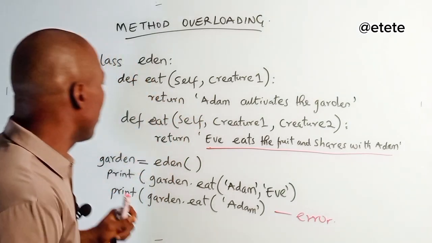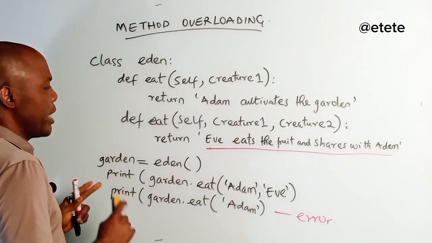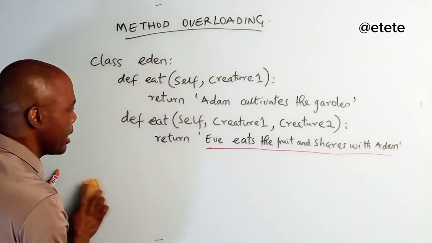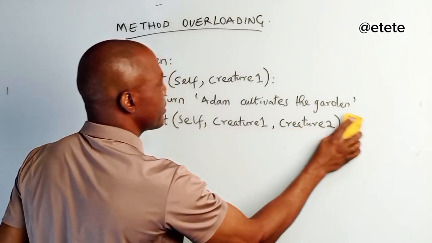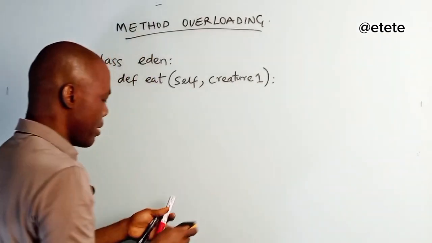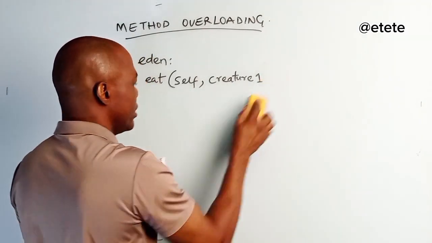All right. So what I am going to do now to solve this problem is that I will just clean here, and then I will come here and I will do this.